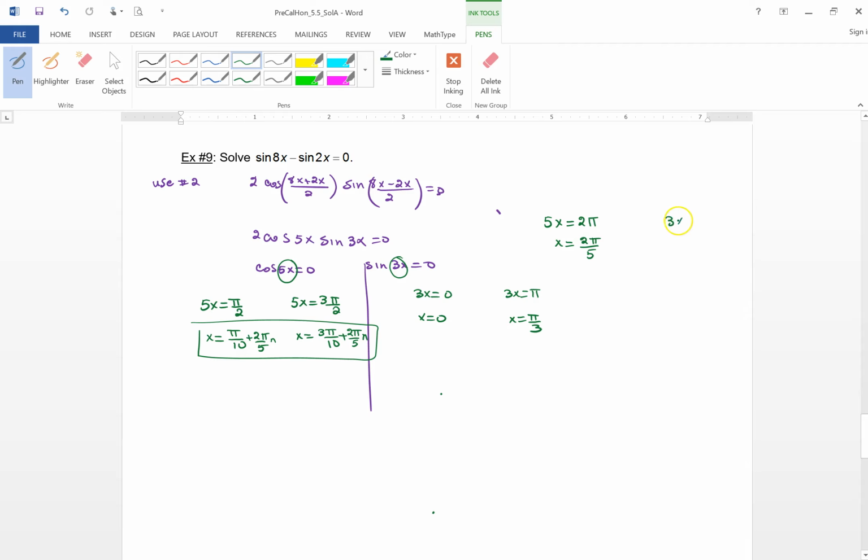So if 3x would repeat every 2 pi, then x repeats every 2 pi over 3. So we go plus 2 pi over 3 n, and who writes 0 plus 2 pi over 3? No one. So it's 2 pi over 3 n and pi over 3 plus 2 pi over 3 n.